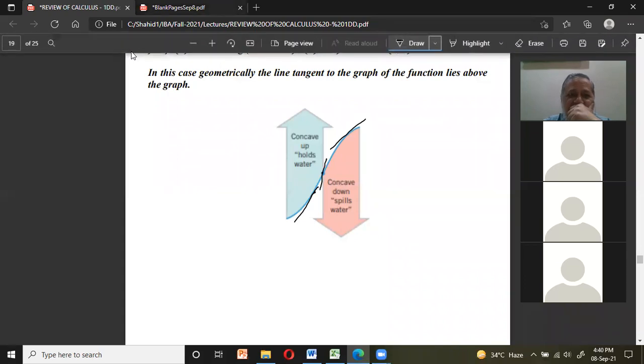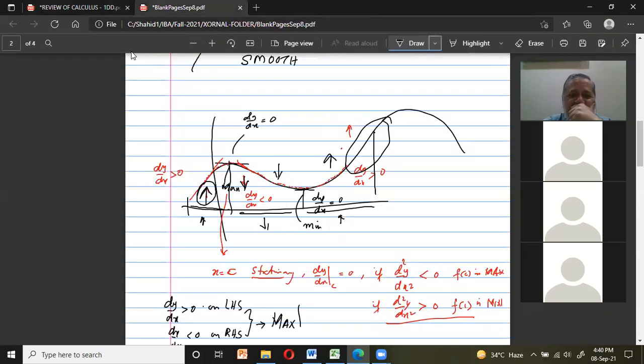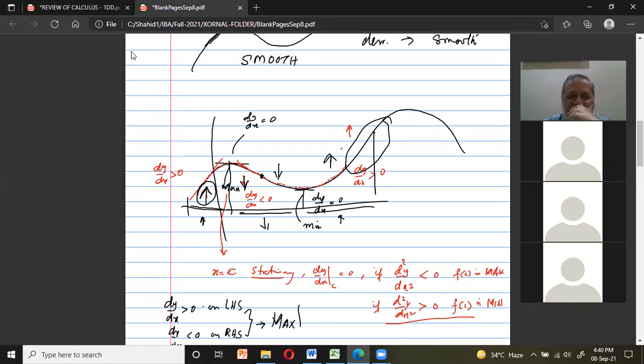So if I talk about this graph, from here to here the function is decreasing, no doubt, but in between there will be a point where to the left the tangent is above, to the right the tangent is below. Before this point, the tangent is below. After this point, the tangent is above. So here the concavity is down.